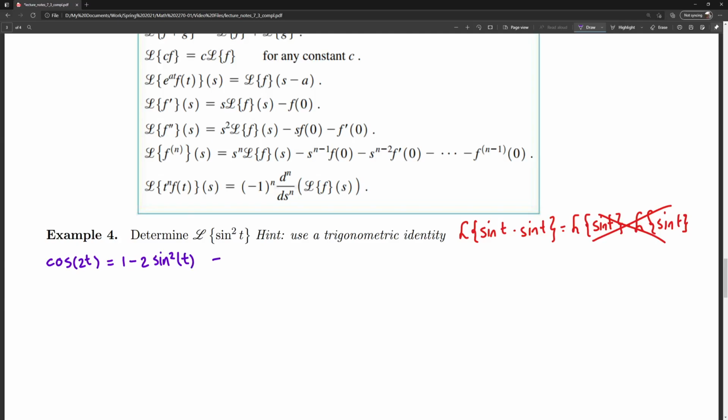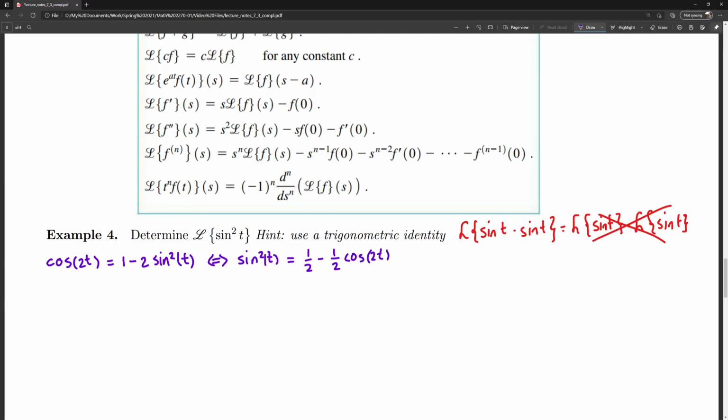And this is something that we can solve for sine squared. So we see that we can rewrite sine squared of t as 1/2 minus 1/2 cosine of 2t.